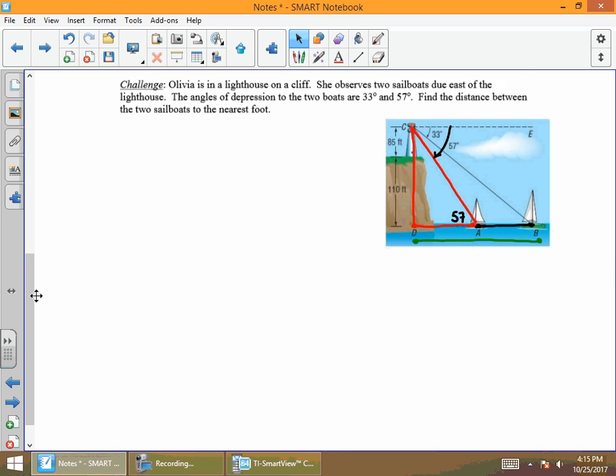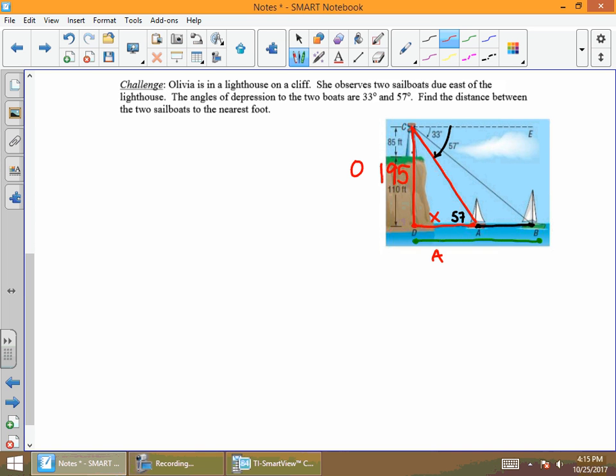And doing SOHCAHTOA, this left side, ooh, this is tricky. The cliff is 110 plus another 85. This whole side over here is 195, and it is the opposite side. I want to find x down here at the bottom, which is the adjacent side.